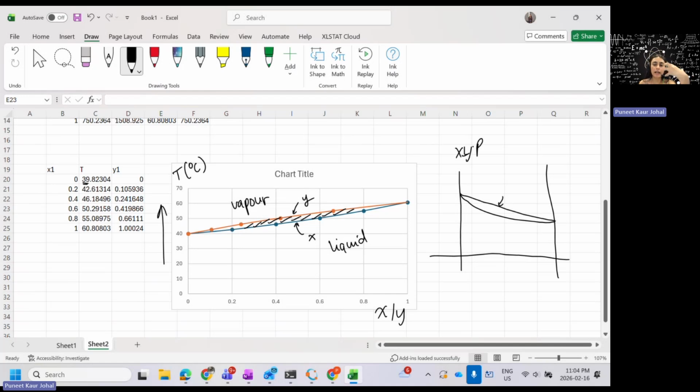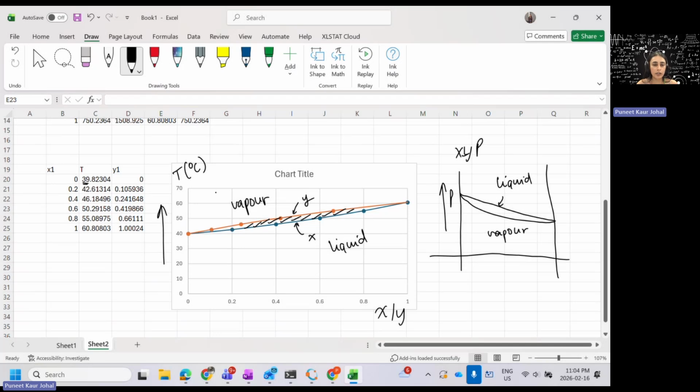But in the PXY, your liquid will be at the top and your vapor will be at the bottom, which is opposite to that of the TXY diagram. The reason for that is as you increase the pressure, you're pushing those atoms and molecules of gas closer together and compressing vapors into liquids. So this is the kind of plot you will be expecting if you did a PXY diagram.